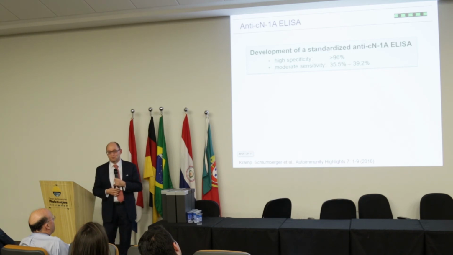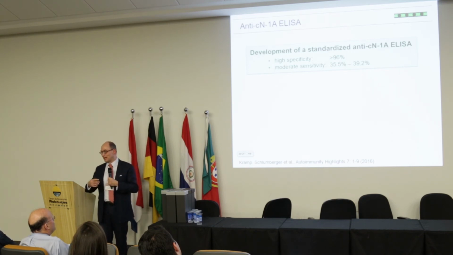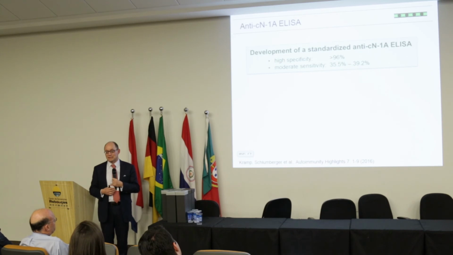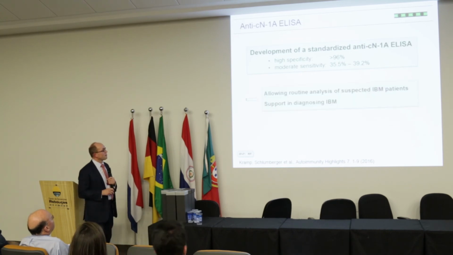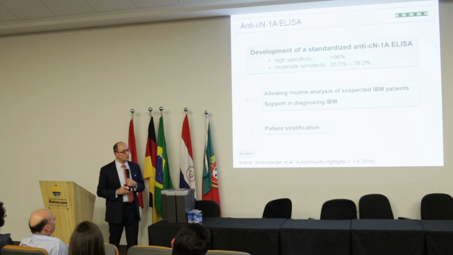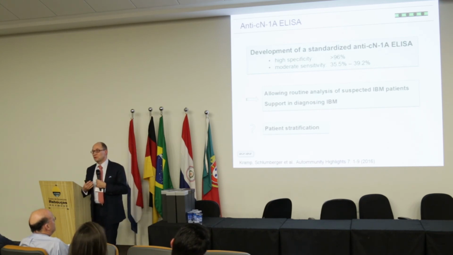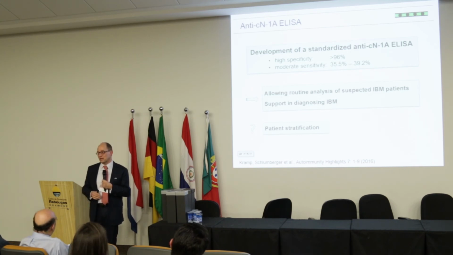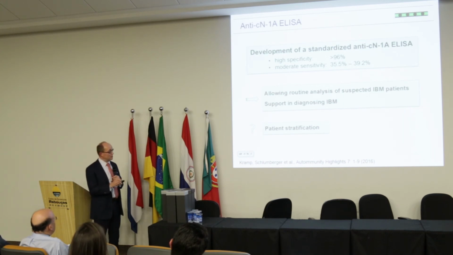We all wish prevalence would be 90%, even 100% would be better, but in any case, in 1/3 of the patients there is an autoantibody which really points to inclusion body myositis. What we currently do not know is whether patient stratification is possible. Are there certain clinical manifestations in patients having the antibody? All this should be analyzed in further evaluations.